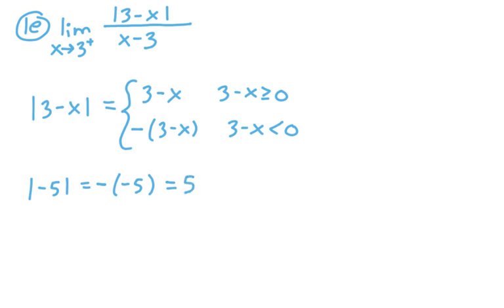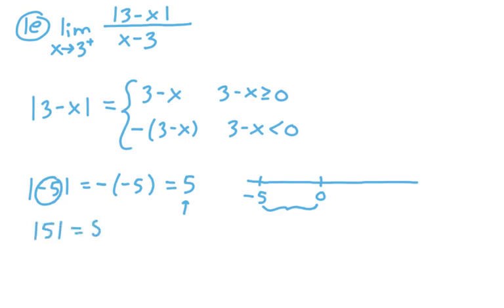Because remember what the absolute value is doing. It's measuring the distance from 0 to -5 on the number line. That distance is 5. But to get at that number, I have to take the opposite of that -5. And if I take the absolute value of 5, I just happen to get 5.